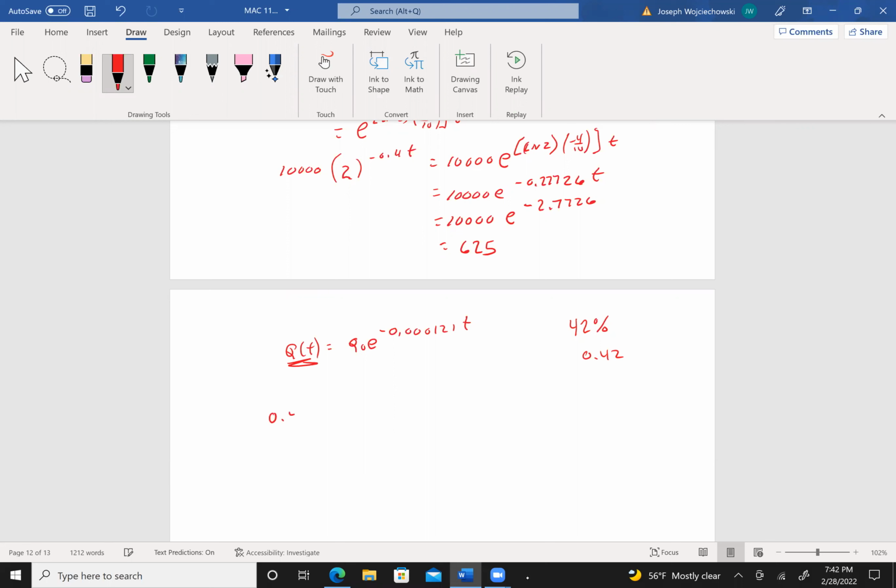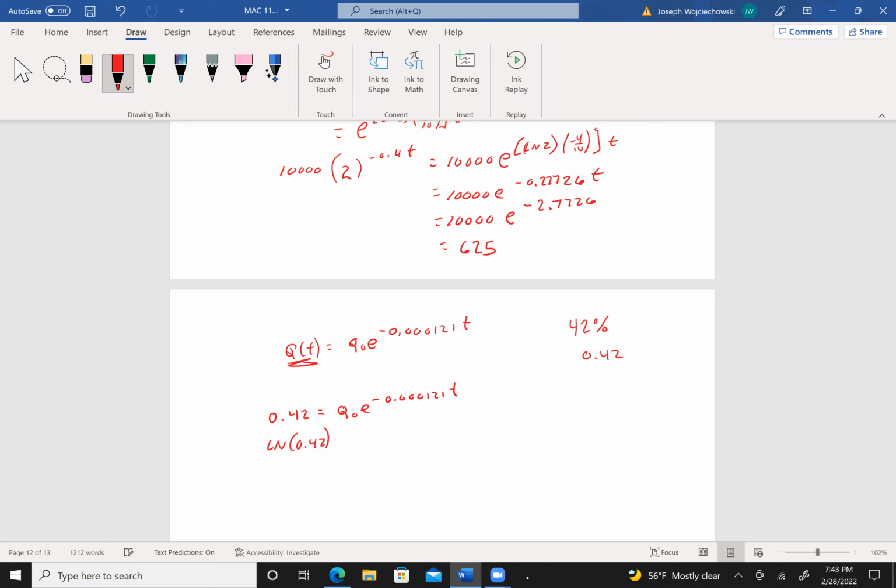So we have 0.42 equals Q sub 0 e to the negative 0.000121 t. So then I can take the natural log of both sides.